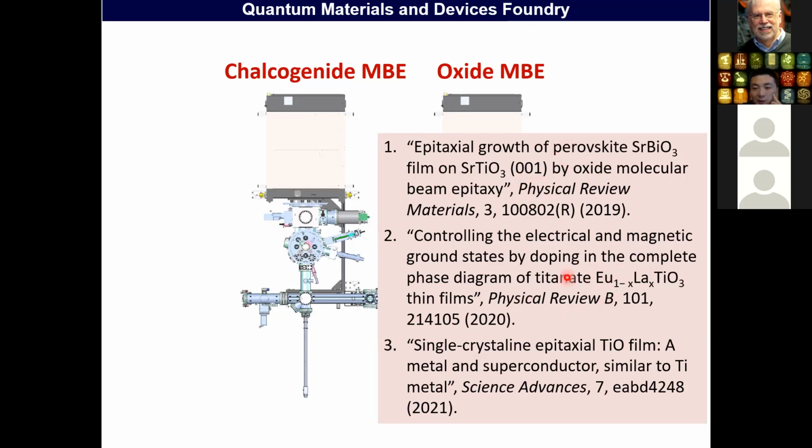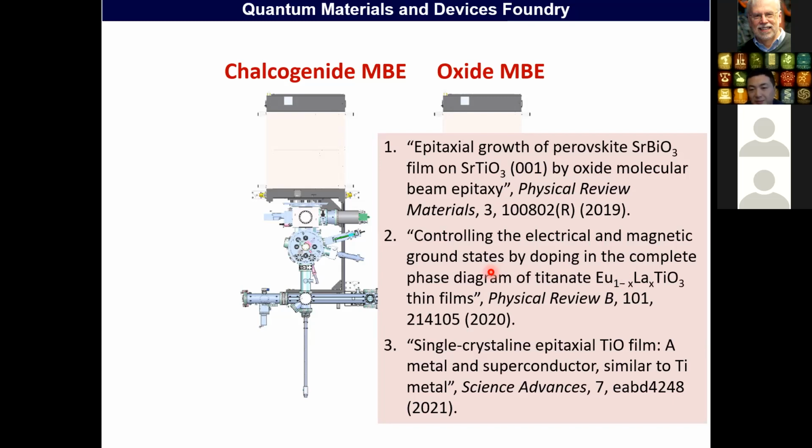Another group of materials we've been working on is titanates. Both europium titanate and neodymium titanate 113 are titanates. Sorry, neodymium titanate is a Mott insulator, and europium titanate is not a Mott insulator, but they're both antiferromagnetic. Because of the similarity of the lattice, we can dope them into each other from x equals 0 all the way to x equals 1 with any number we want.